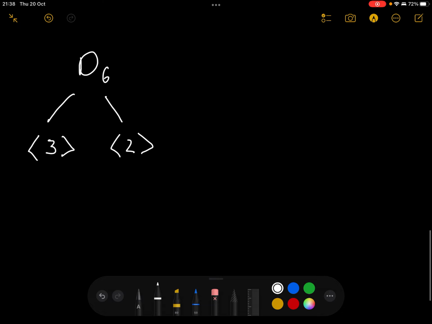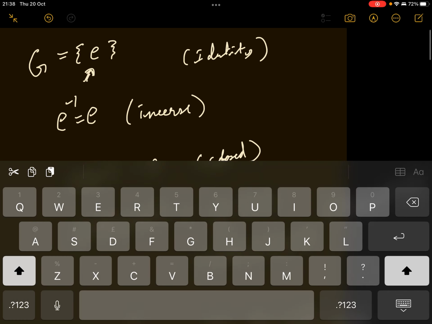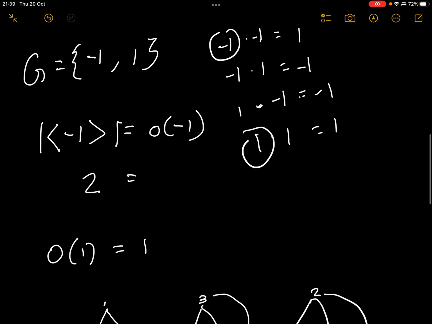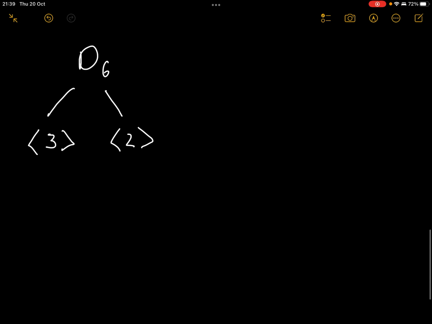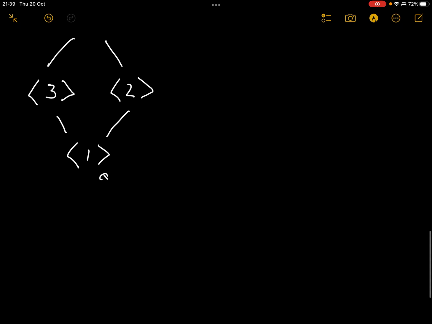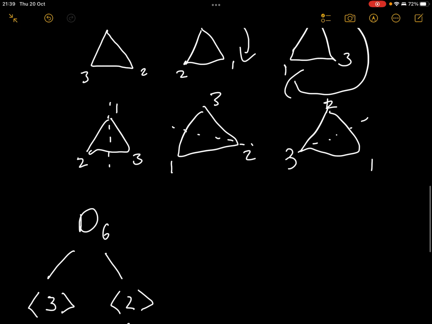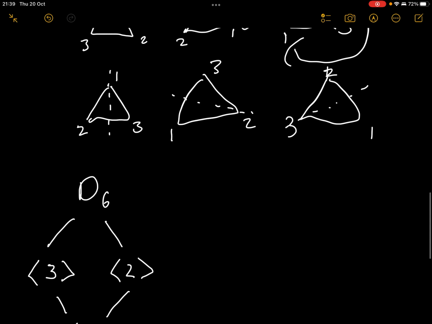And basically they're combined, and this would be the trivial group, and they're combined to make D6.